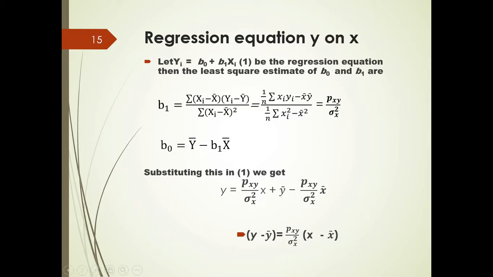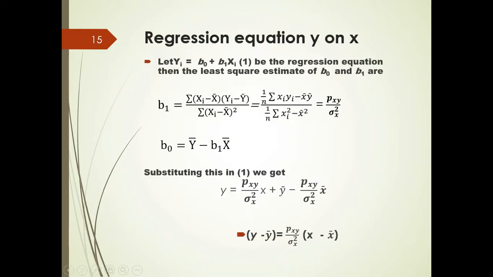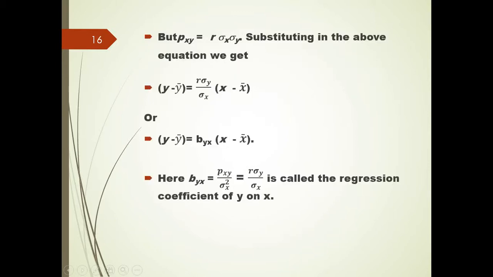So substituting this in the equation, already finding earlier b0 and b1, we get the regression equation y on x as y minus y bar equal to pxy by sigma x squared into x minus x bar. So in a nutshell, we can say that y minus y bar equal to byx into x minus x bar.